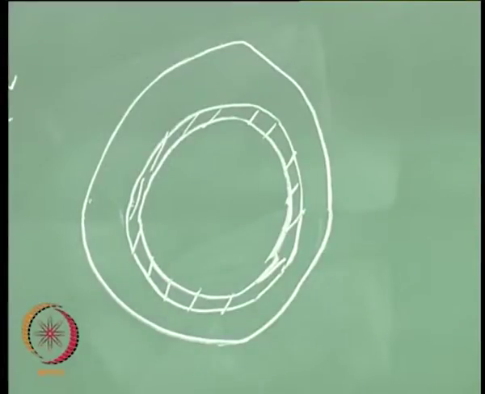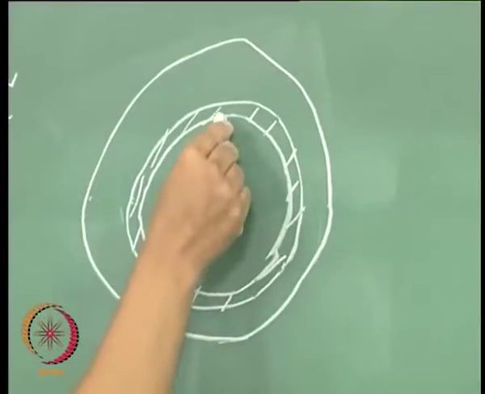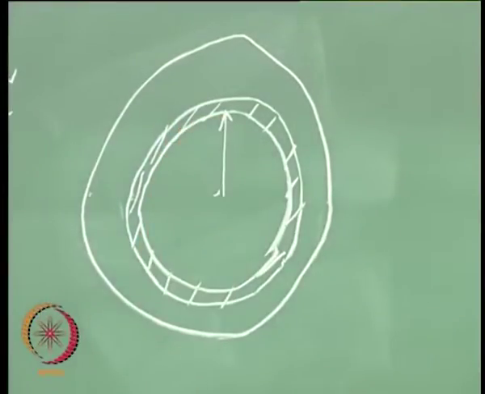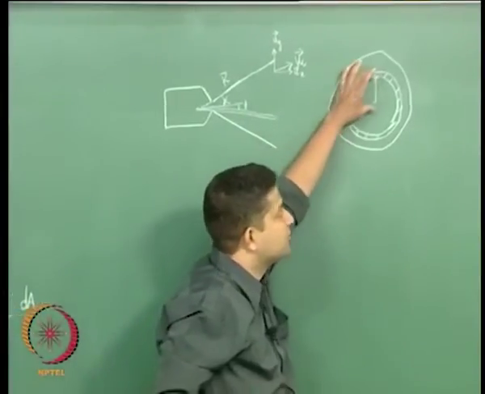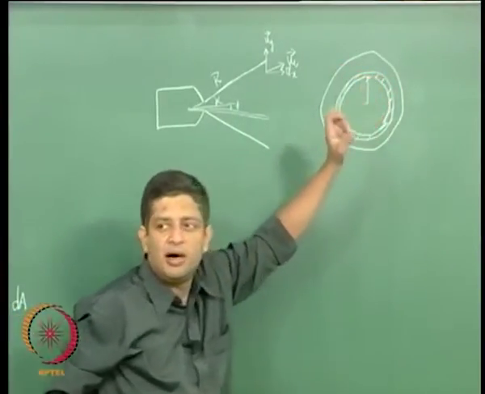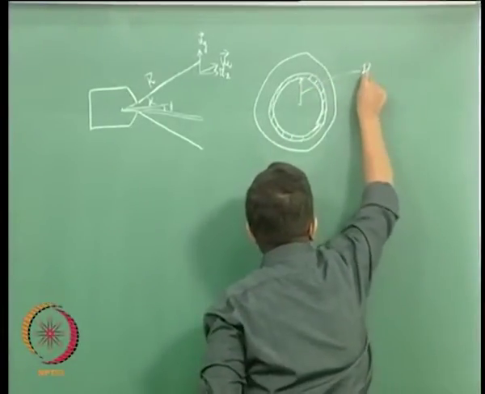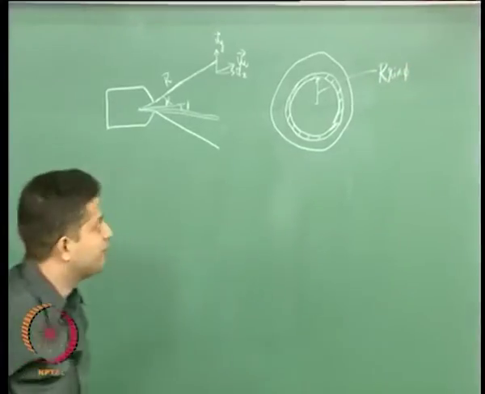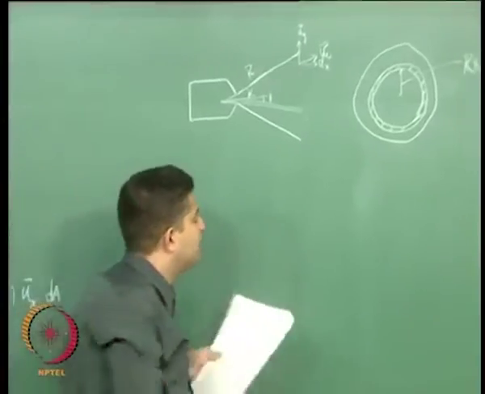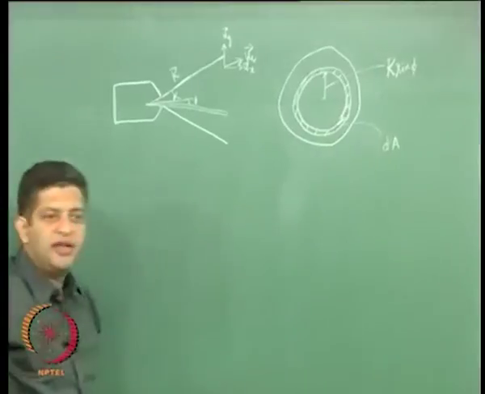This is the area that we are interested in, and if this entire radius is r and this is at angle phi, what is this component? R sin phi, right? So, this would be r sin phi, and this elemental area would be dA.